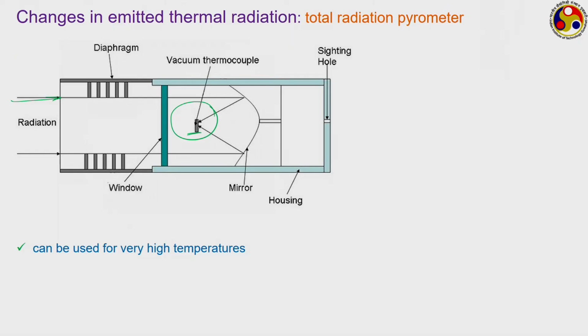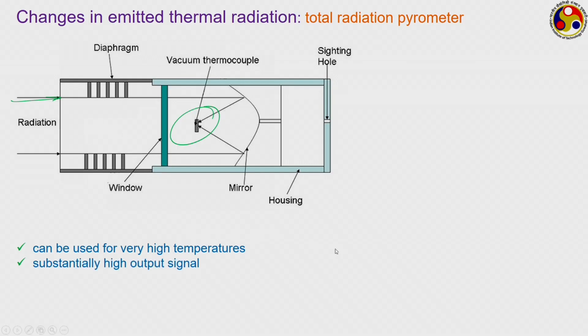The total radiation pyrometer, or any such radiation pyrometer, has a host of advantages, like it can be used for very high temperature. We can easily go for 2000 or 3000 degrees Celsius or even beyond that, because we are talking about a temperature balance. So, never assume that the temperature of this thermocouple is going to be equal to the temperature of the source. It will be much lower than this, because it is receiving only a small portion of energy, but as you are using the energy balance, its temperature will be an indicator of the source temperature.